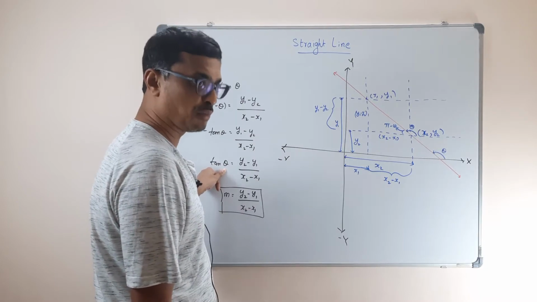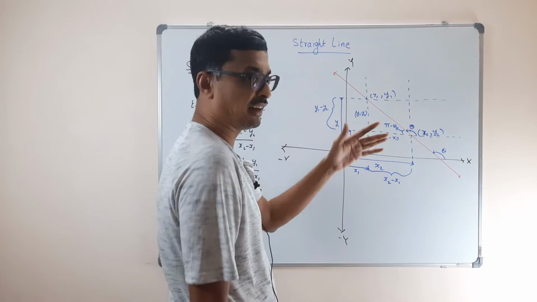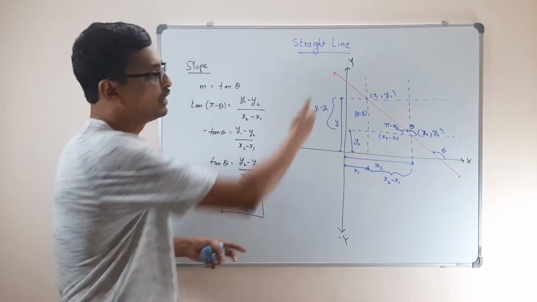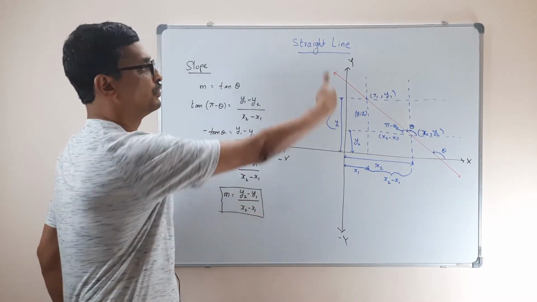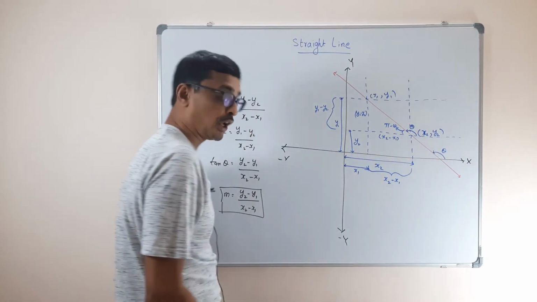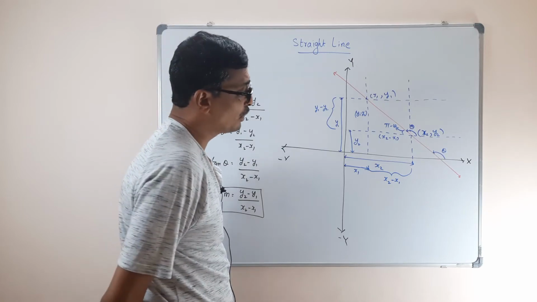Correct. Slope will be 0. And your y-axis will be 90 degree. Tan of 90 degree is not defined. Undefined. So, the slope of y is undefined, whereas slope of x is 0. Okay. Can you tell me, for parallel lines, will the slope be equal?